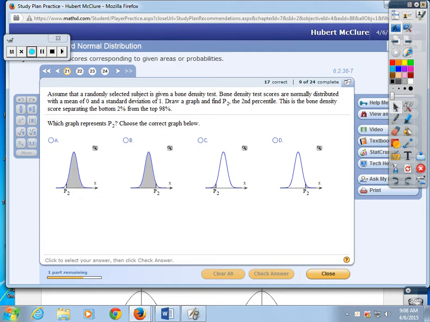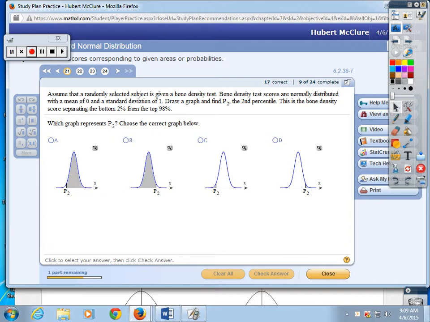This one says, draw a graph and find P sub 2, the second percentile. This is the bone density score separating the bottom 2% from the top 98%. So they want you to find 0.0200.